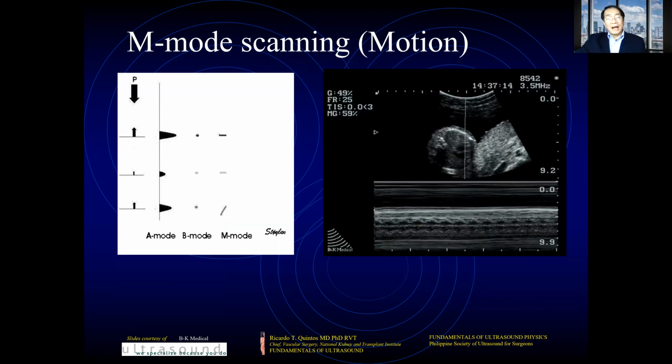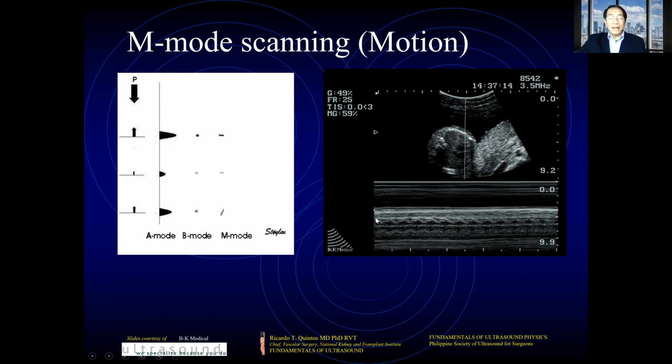All right. Now, the M mode is again a combination of the A mode and the B mode, except there is now the dimension of time. When an organ is moving and the echoes are being transmitted, there are relative changes in the position of this moving echo.